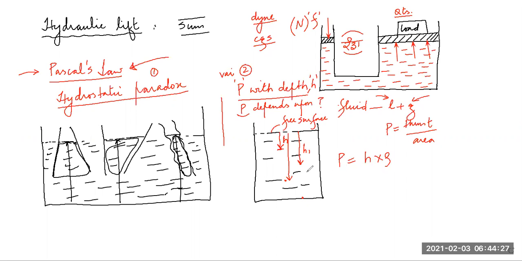In case this is water, then you will write the density of water, that is 1000 kilogram per meter cube, into G. How this formula came is also an interesting thing, but that we have already done. P, pressure, is equal to rho G H.